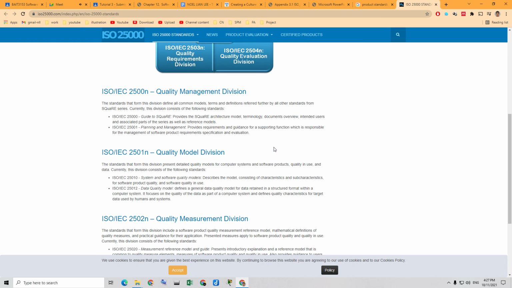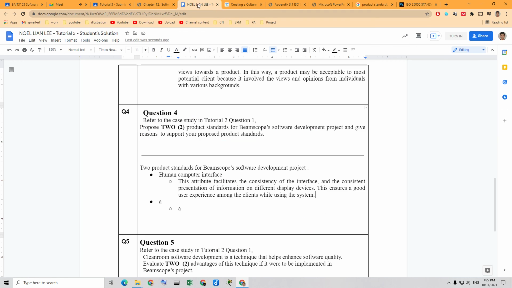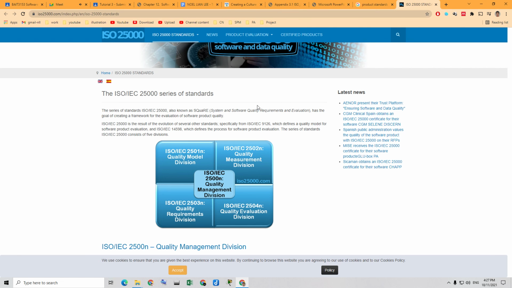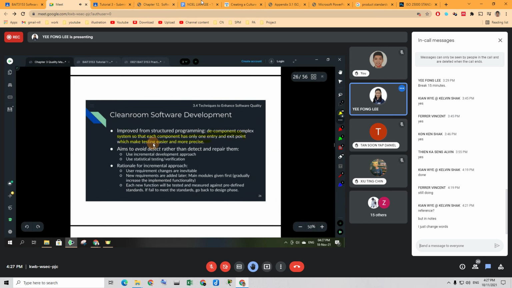Okay, building high quality software. This one did mention that this technique might decompose a complex system so that each component has one entry and exit point to make the testing easier and more precise.